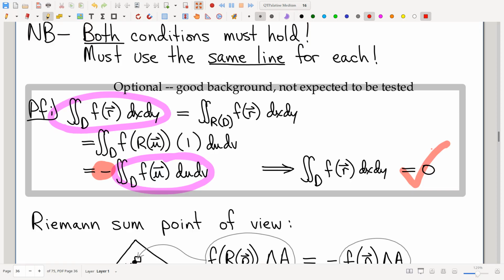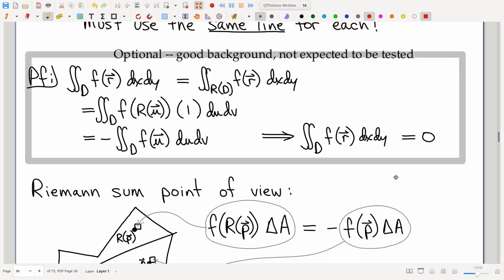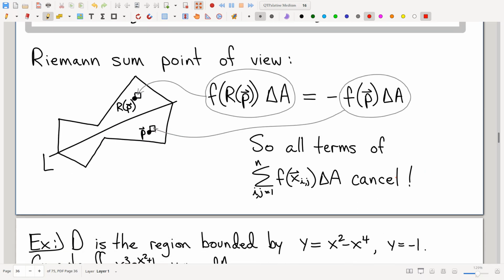Okay. Or if you like the Riemann sum take, and there's something very satisfying about this as well. By the way, forgive my art. That's surprisingly difficult. I'm trying to draw a symmetric domain there, specifically symmetric over this line. Then terms in the Riemann sum pair up.